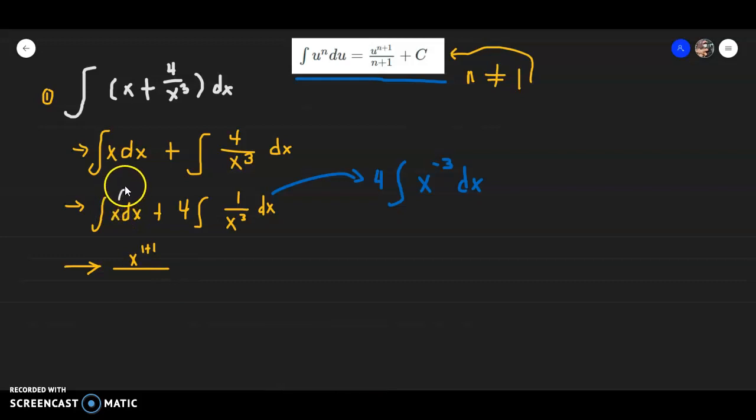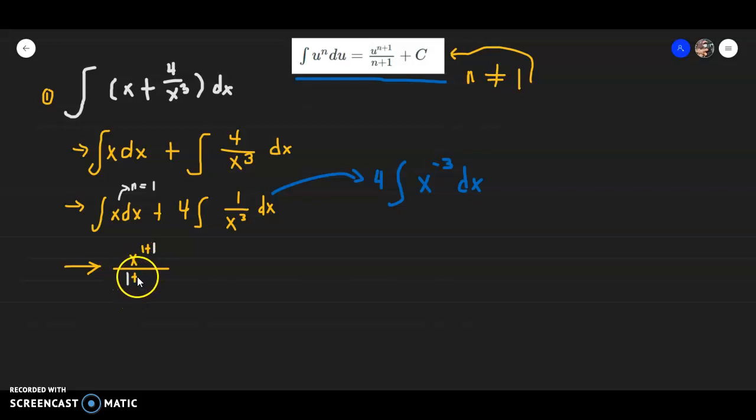Kaya nag-add tayo ng 1 dito. Mag-add din tayo ng kung ano yung ni-raise mong power sa u, ganun din i-add mo sa baba.